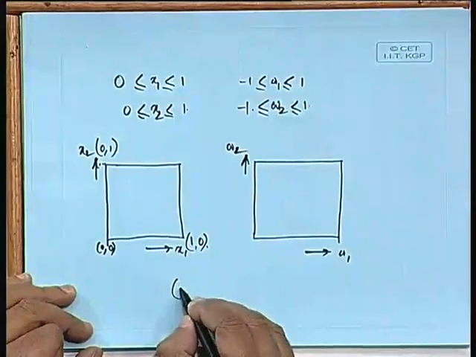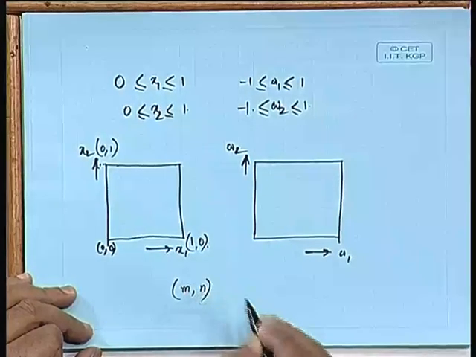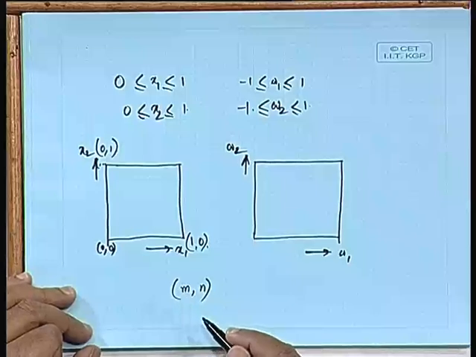So, let us say that we follow a two dimensional indexing system. The neurons will be denoted by m comma n, where m is the index in the x direction and n is the index in the y direction. So, in 2 dimensions their indexes are called m and n. We index all these neurons.